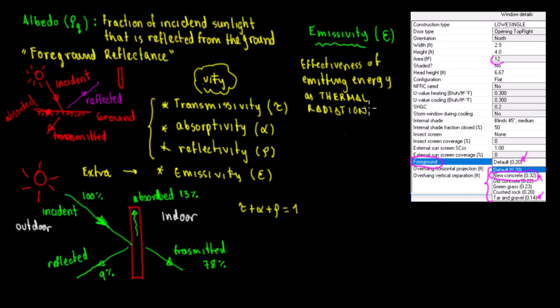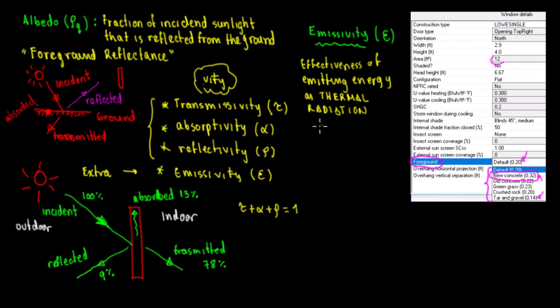So that is the definition that we have. However, in practice, what does that mean? Because emissivity is very important for windows, because you're always going to see that a window is a low E, which is low emissivity.